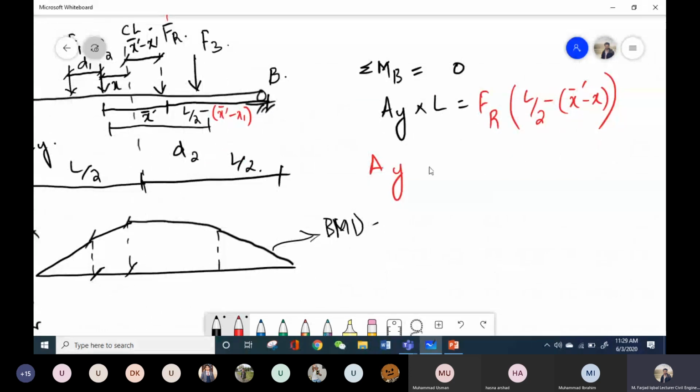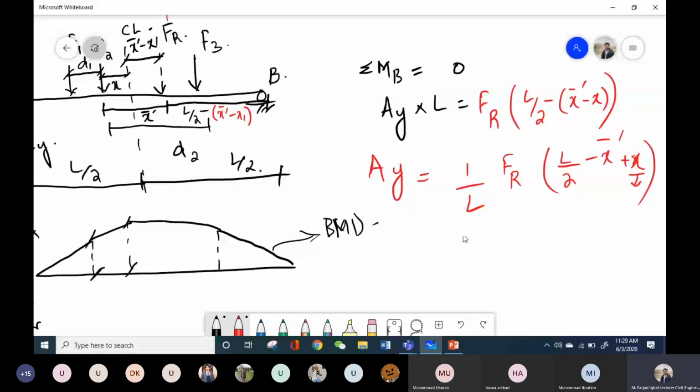So I will get this AY as 1 over L FR into (L by 2 minus x bar dash plus x). So I have this reaction AY in terms of FR and these distances L. My major unknown is x, because I want to figure out this distance.